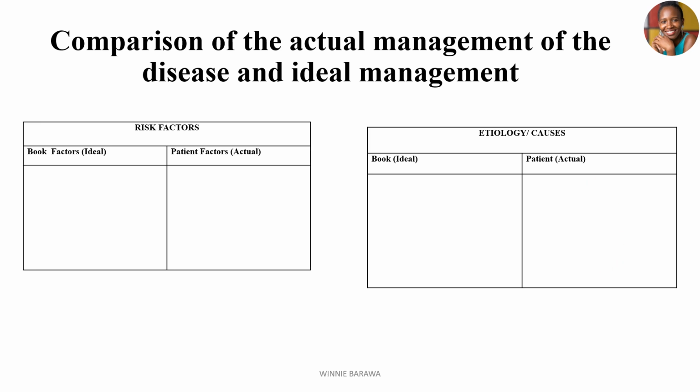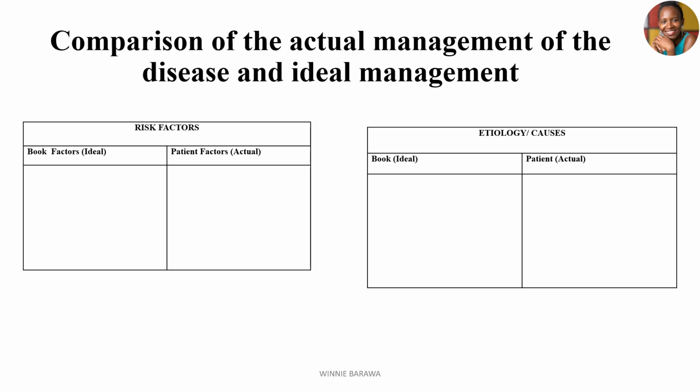So why is this comparison very important? The comparison is very important because it gives you the chance to compare your theory and to pull it into the practical bit. So that in the moments where you find the book discusses certain risk factors, and then when you look at your client, you can actually identify these risk factors in them, it becomes so real, like it becomes so visualized, such that you can't get twisted on it.